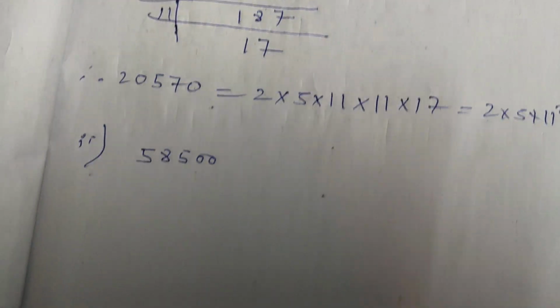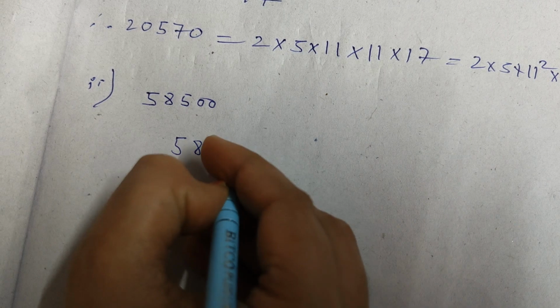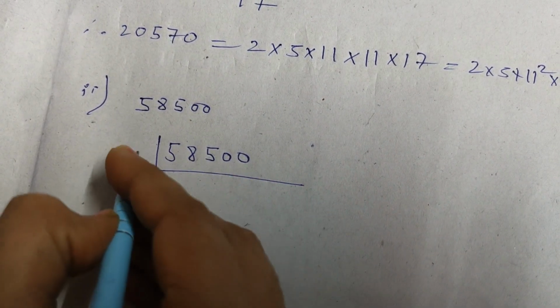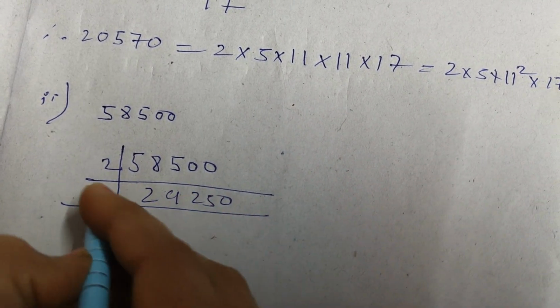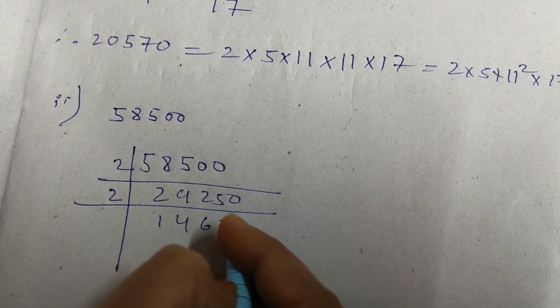Again question number 2. 58500. Double 0. Again we divide with 2. 29250. Again we divide with 2. 14625.